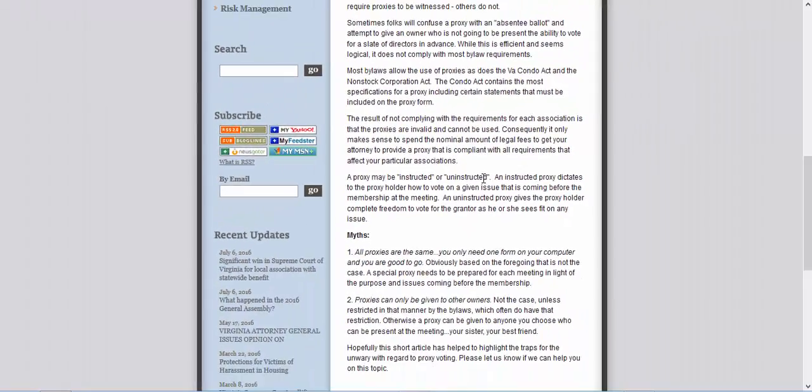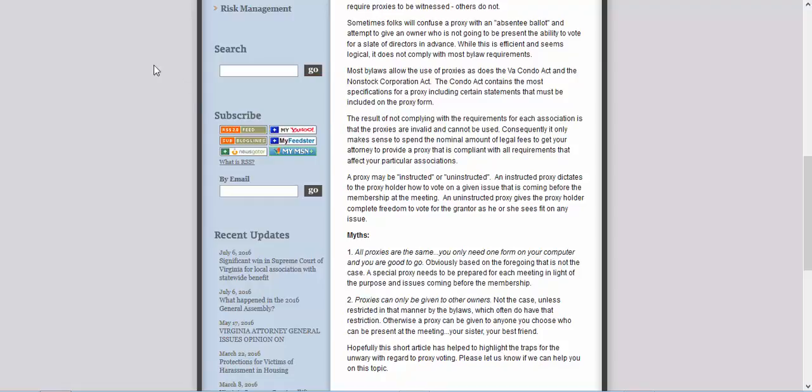So basically all this means is that when you give someone your proxy, if it's uninstructed, then they can vote however they see fit to vote on any issue under your name. Now, if you give them an instructed proxy, it means that they are simply casting your vote on how you want to vote. That is just like you were there in person.